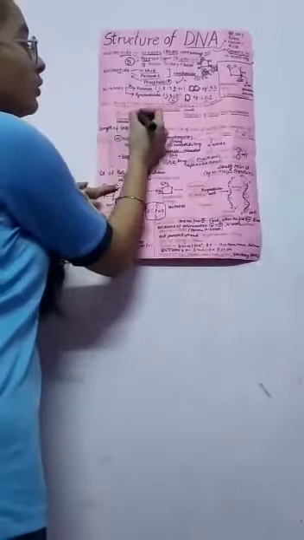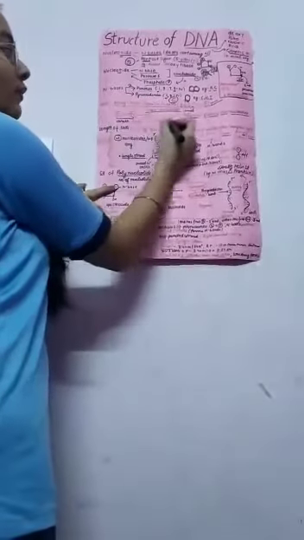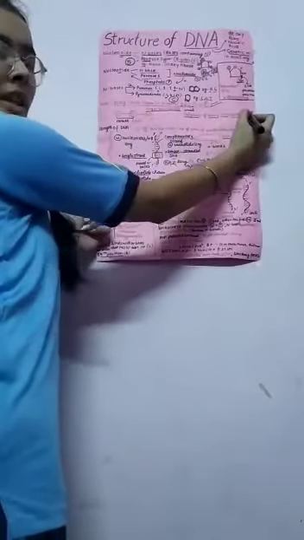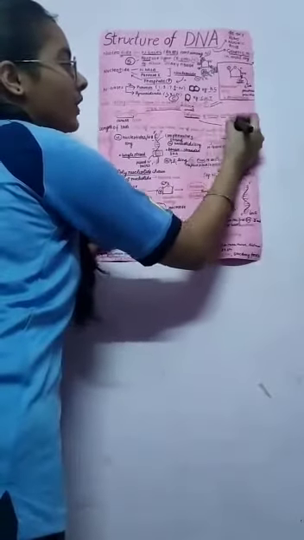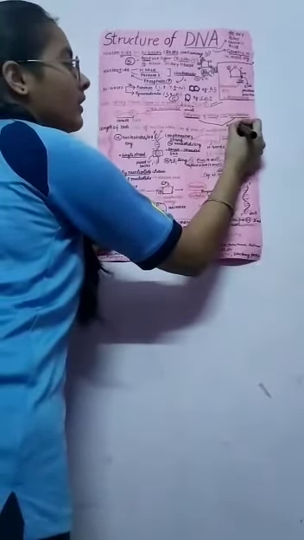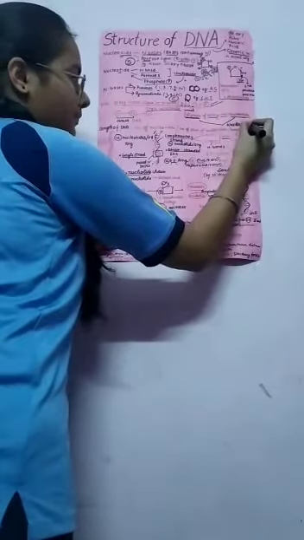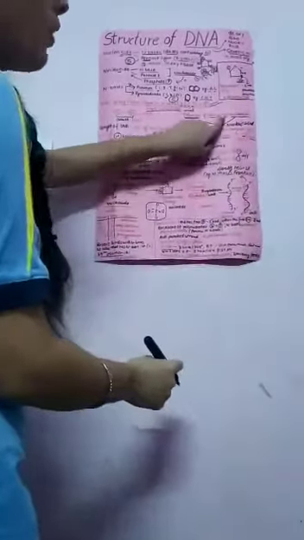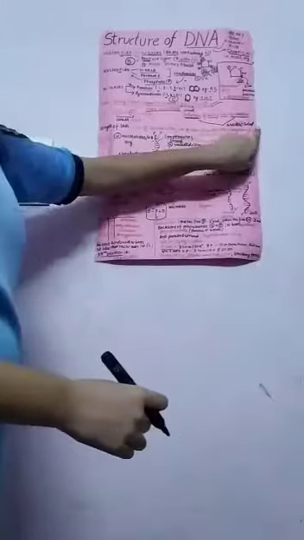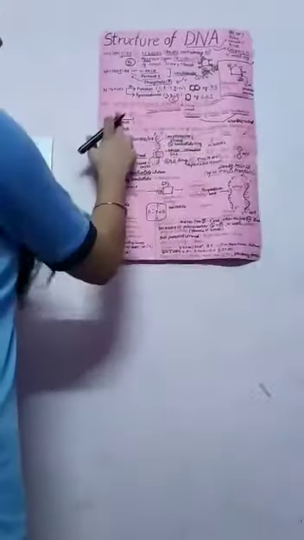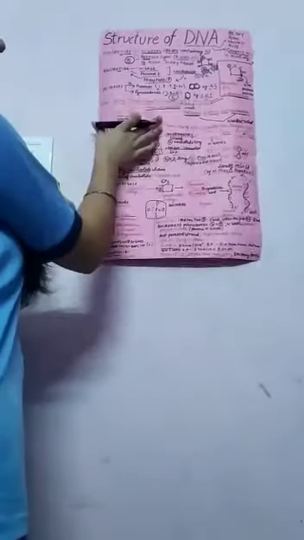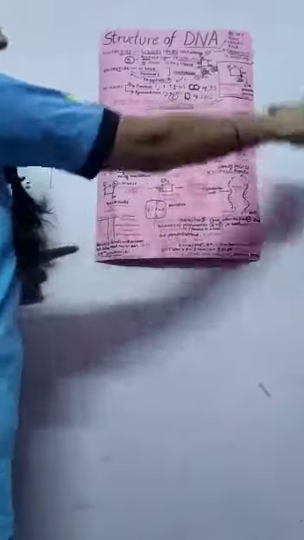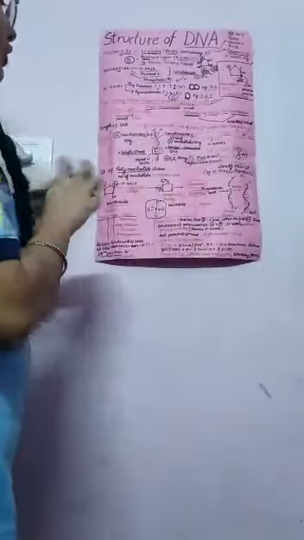When certain nucleotides combine, it forms a polymer of deoxyribonucleotides, and the polymer of nucleotides is referred to as nucleic acid. So this is basically deoxyribonucleic acid, or DNA. That means polymers of these nucleotides form DNA. Now what is the length of DNA?